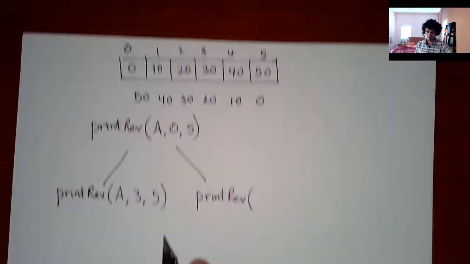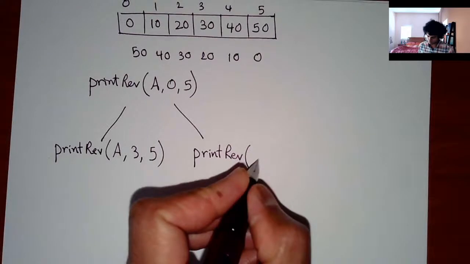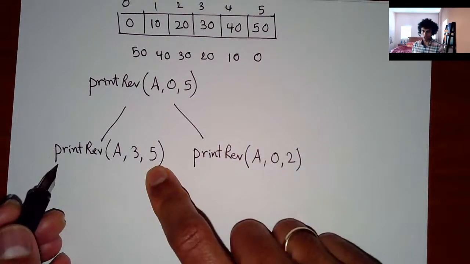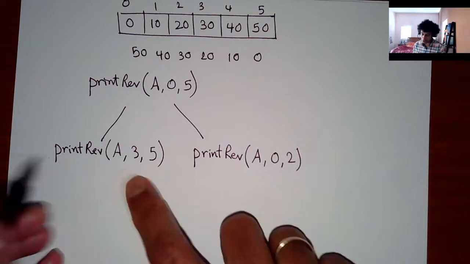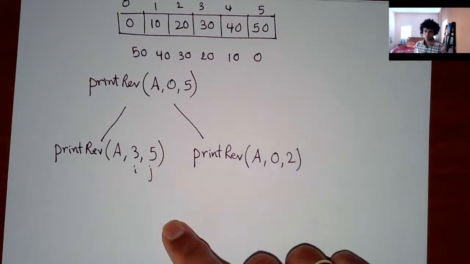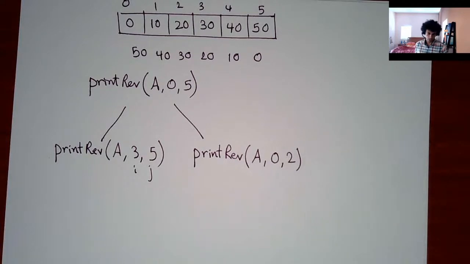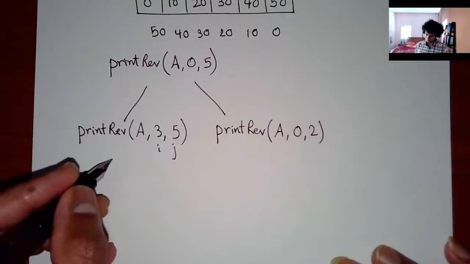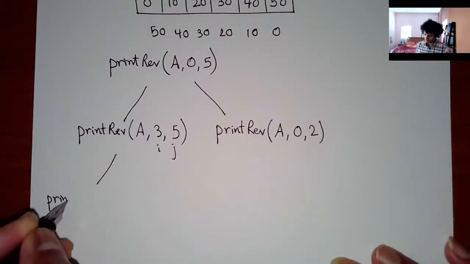Okay. Now, which was the first call? This was the first call, right? So this is going to run now. Remember, this is i and this is j. i is not equal to j, nor is i greater than j. So this is going to make two more recursive calls. What is the first recursive call that this makes?